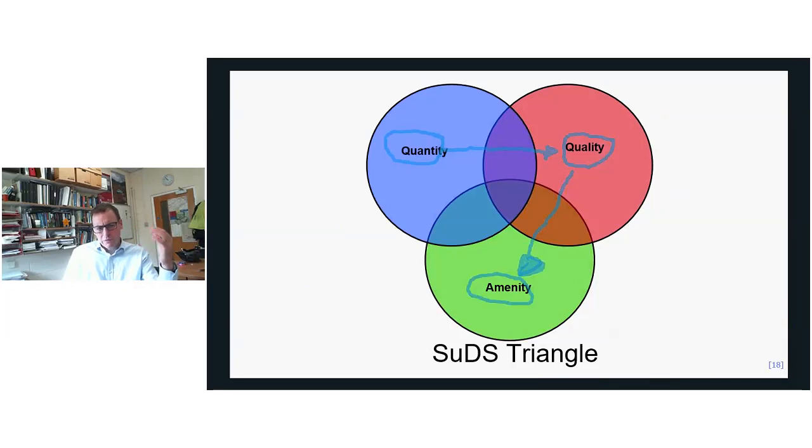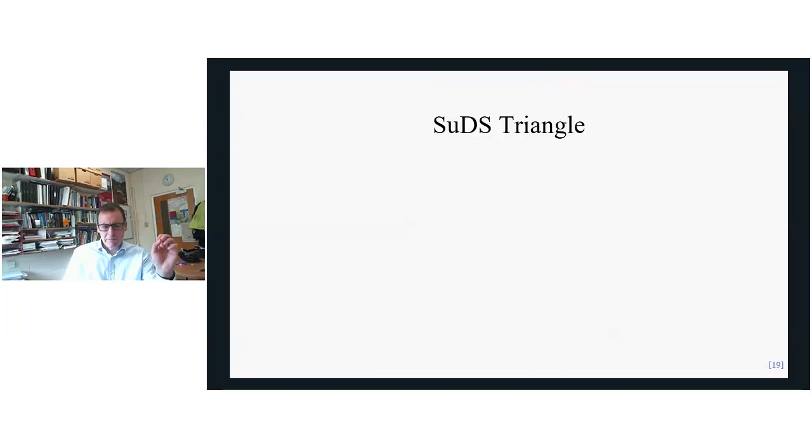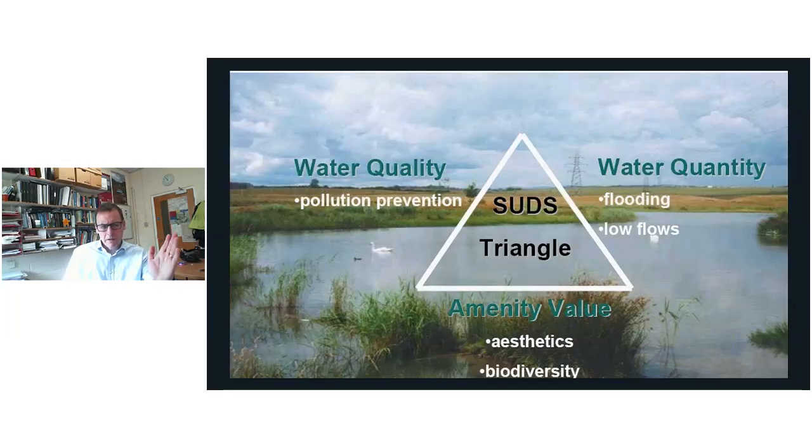So hopefully what we've got now with SUDS is something that's in the middle here that tries to balance flood risk, water quality in rivers and amenity for developments. So really simplified story there, but that's one way of looking at it.